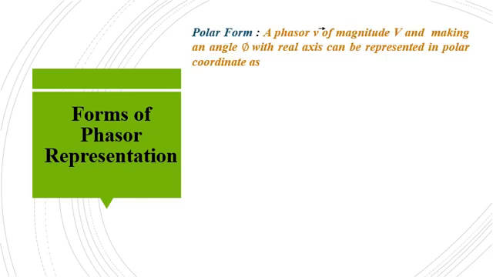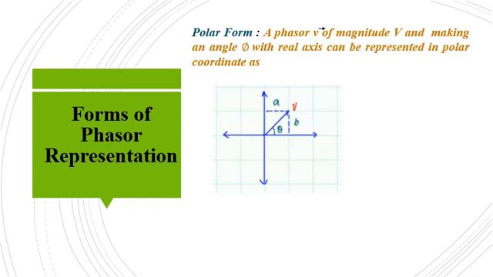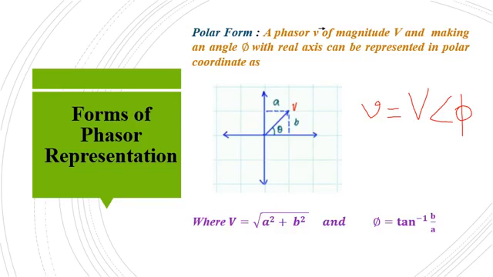In polar form, a phasor V of magnitude capital V and making an angle phi with the real axis can be represented in polar coordinates as V equal to V angle phi, where capital V is the magnitude of your phasor, and phi is the angle it makes with the real axis.